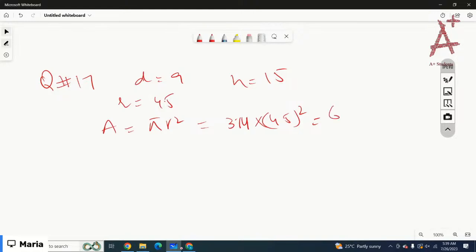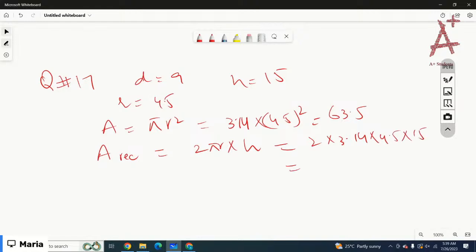That is 63.5. Now the area of the rectangular face is 2 pi r times h. 2 times 3.14 times 4.5 times 15.